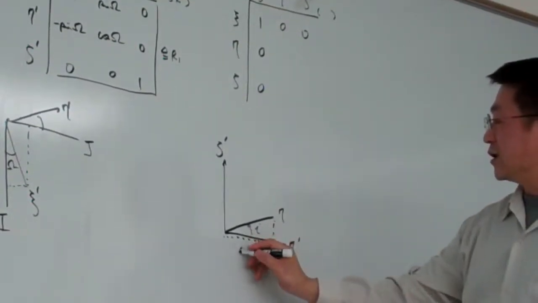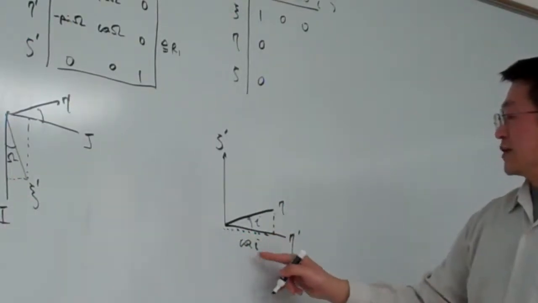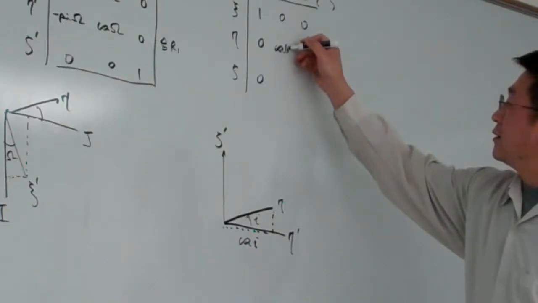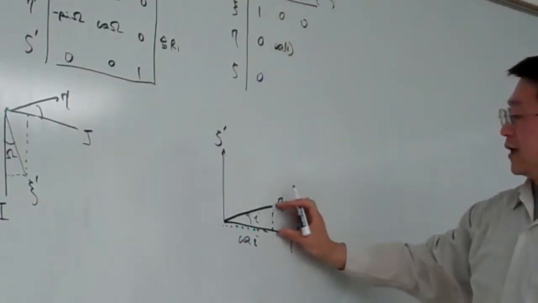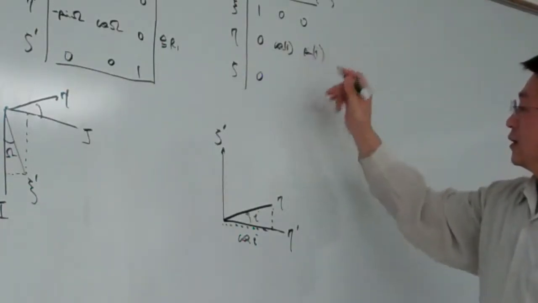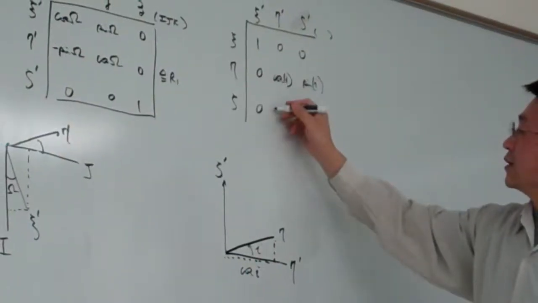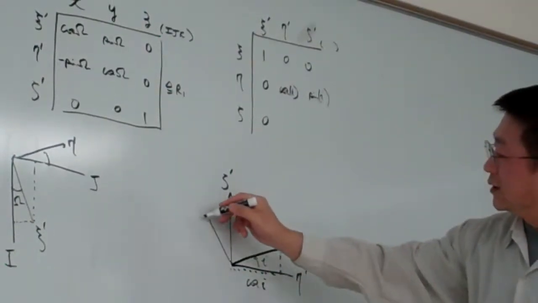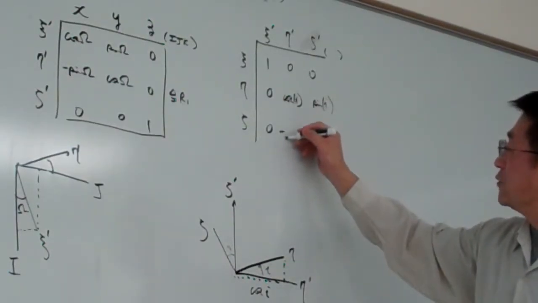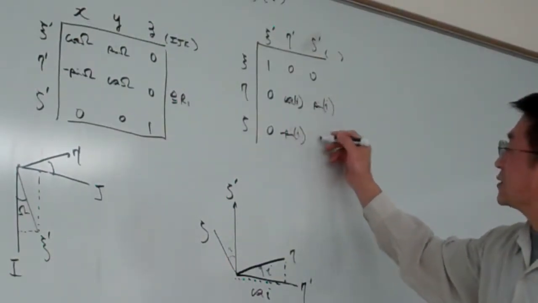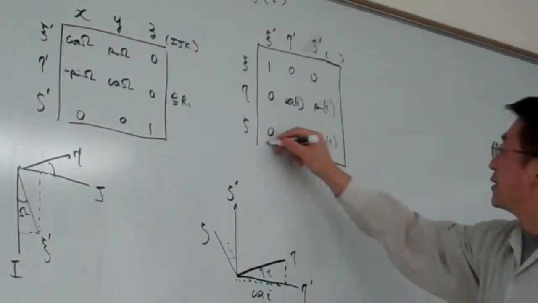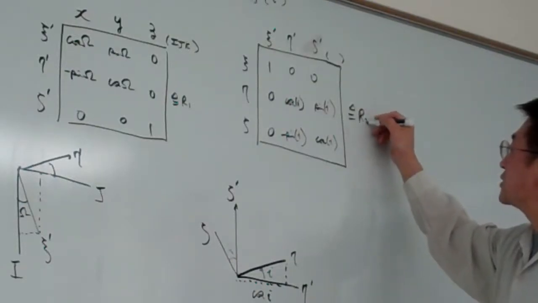Here this amount is cosine I in the prime direction, and this is sine I in the zeta prime direction. In a similar way, the other one is zeta, so this one is I. Quickly you can do the same thing. That is sine and cosine. This one is defined as our second rotation matrix R2.